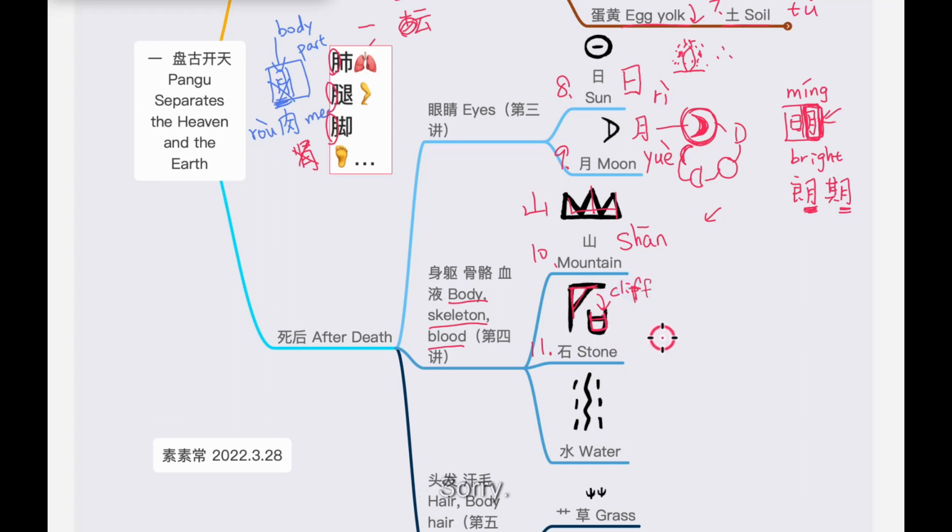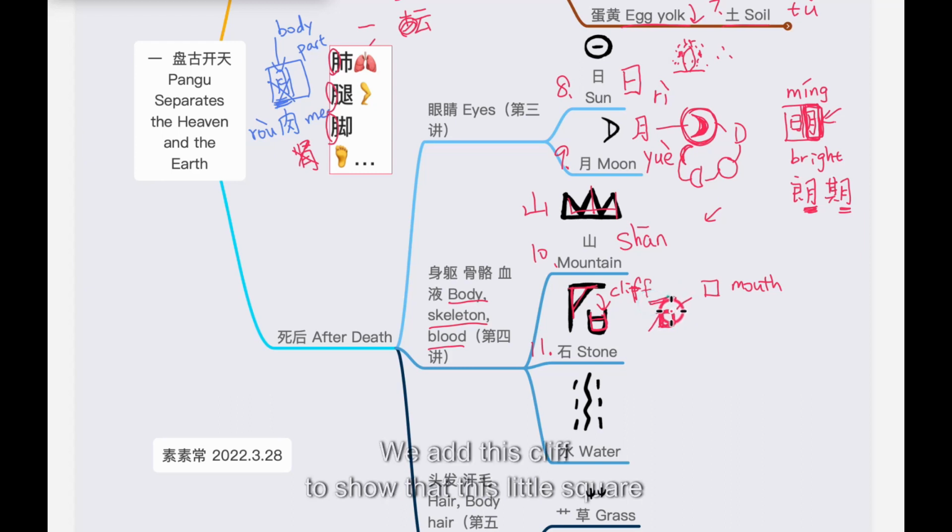So why not just write like this? Because a little square can be lots of things. Lots of things look like this. For example, coal, mouth, look like this. We add the cliff on top to distinguish between these, because there are lots of other things that look like this.